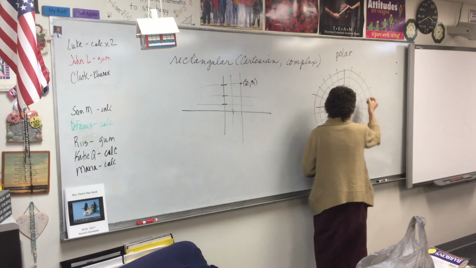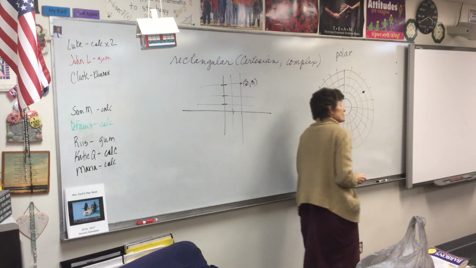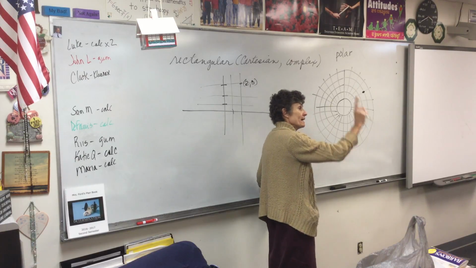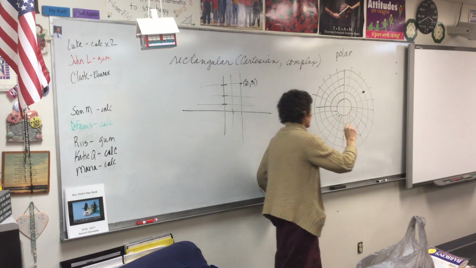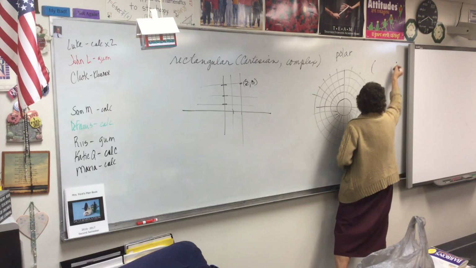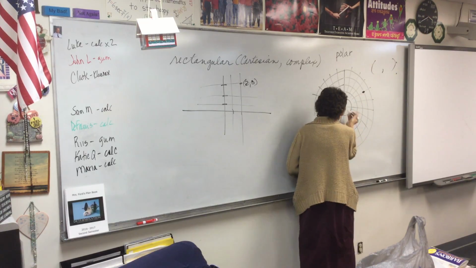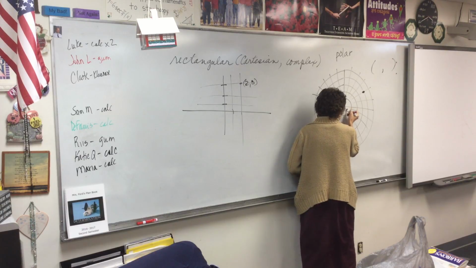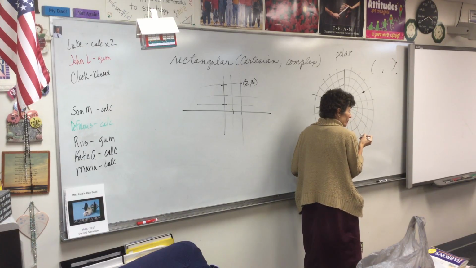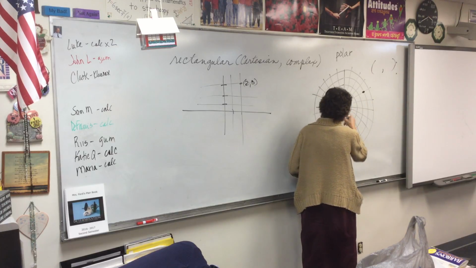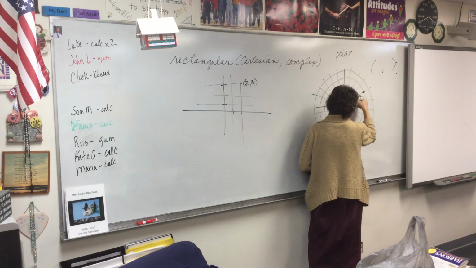Points are identified, let's say this point right here, not in terms of over so many and up so many, but in terms of how far out are you from this point, which is called the pole. How far out am I? 1, 2, 3, 4.